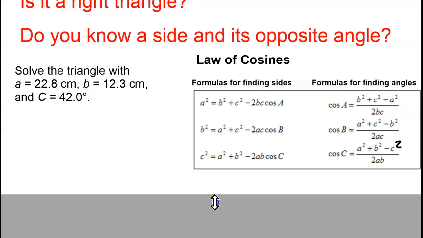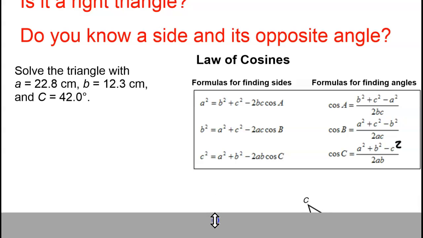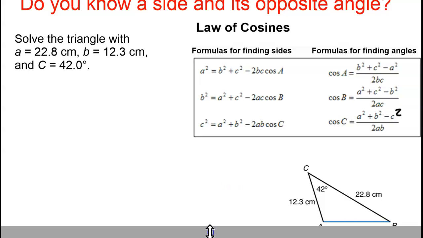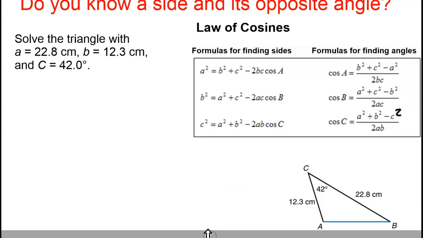So if we're given this problem and we want to figure it out, we want to use the law of cosines, so we need to start somewhere.